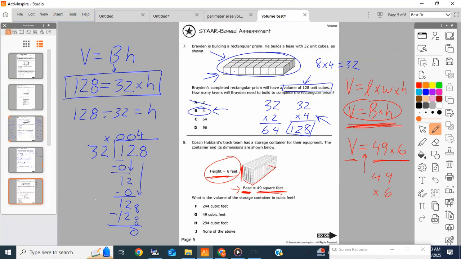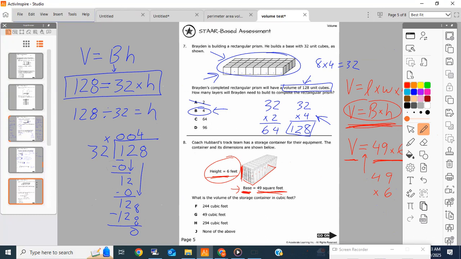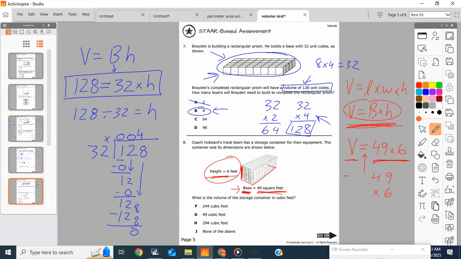Before we do this, let's just talk about quick estimation. 49 is really close to 50, isn't it? So if we skip count by 50s 6 times, we're going to get really close to our answer. Now, 50 is just a little bit bigger than 49, so when we skip count by 50, our answer is going to be just a little bit bigger.